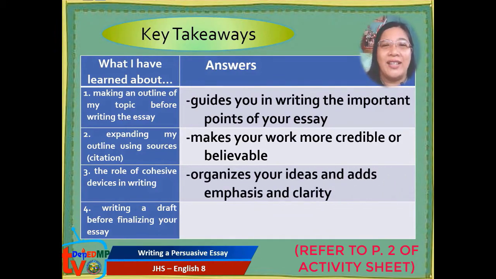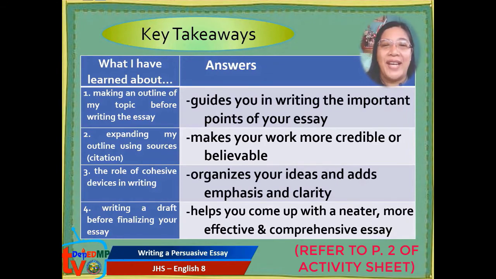It organizes your ideas and adds emphasis and clarity to your writing. And the fourth, writing a draft before finalizing your essay. It helps you come up with a neater, more effective, and comprehensive output.